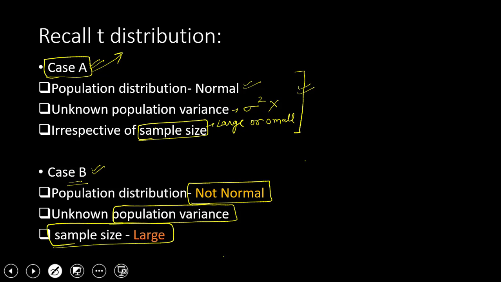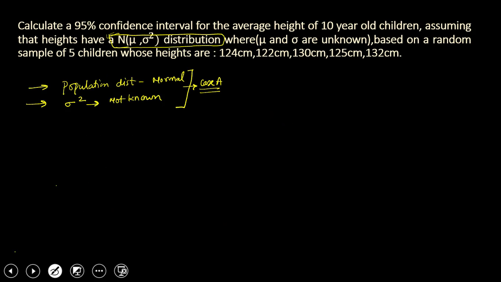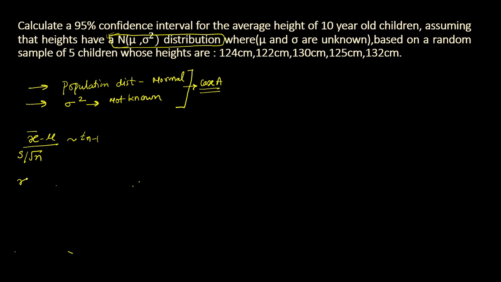Okay, so now let us write down the pivotal quantity, that is x bar minus mu divided by the standard deviation of the sample divided by root over n. It has a T n minus 1 distribution. What is our x bar?